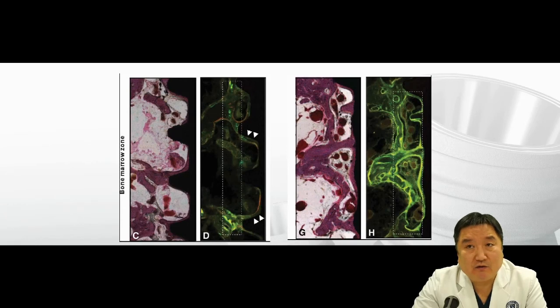Same thing here: on the right-hand side, you can see the green fluorescent agent shown much more clearly, which means there was a much higher level of bone formation.